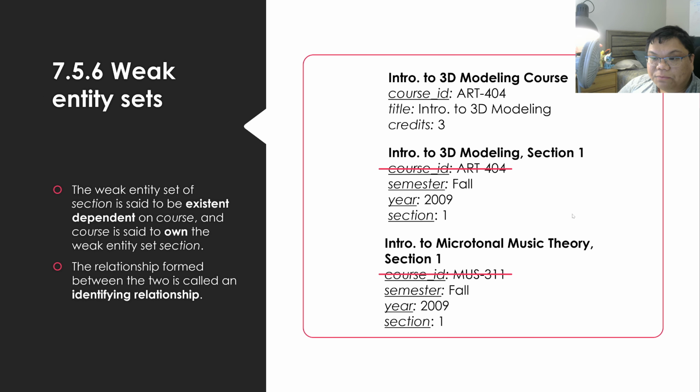The relationship formed this way is called an identifying relationship, and the weak entity set section is said to be existence dependent on course, and course is said to own the weak entity set section.